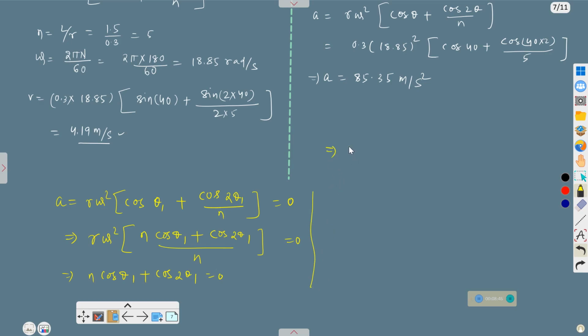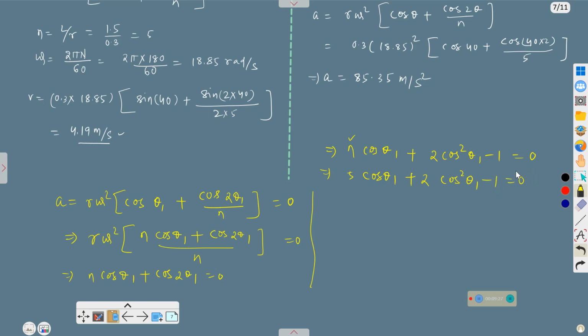I can write n cos theta 1 plus, replacing cos 2 theta 1 by 2 cos square theta 1 minus 1, equal to 0. So this is the trigonometric relation. Here I know the value of n, that is 5, so 5 cos theta 1 plus 2 cos square theta 1 minus 1.